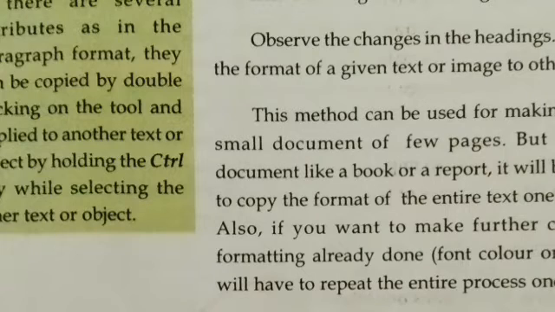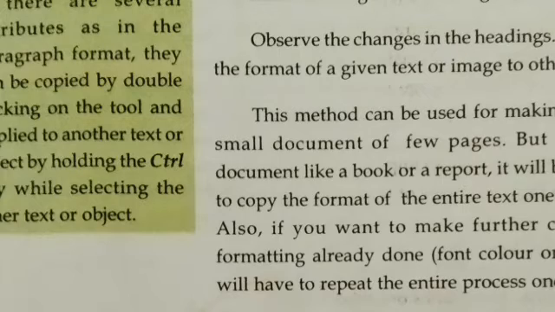Understood? First of all, we have to select the subheading or heading, whatever we need, and make changes. Then select that heading and double click on the clone formatting tool.